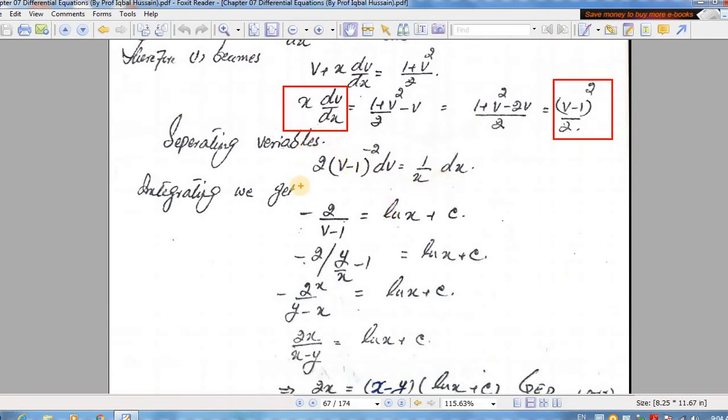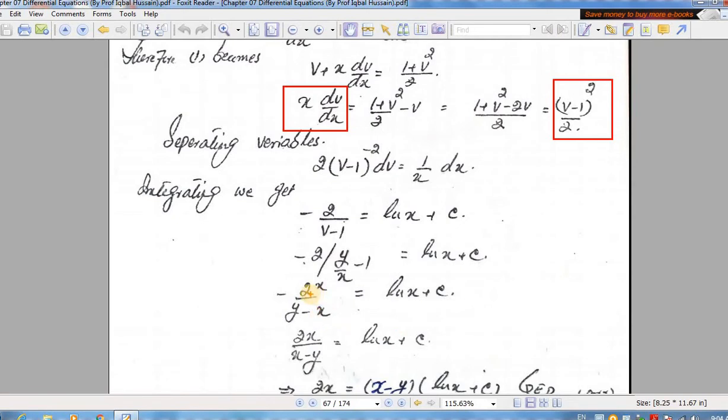The integration of the left side is power minus 2: increase the power by 1 and divide by the new power, and after simplification we get this. The integral of 1 over x is log x plus some constant. Now putting the value of v and simplifying, we get minus 2x divided by 1 minus x equal to log x plus c.